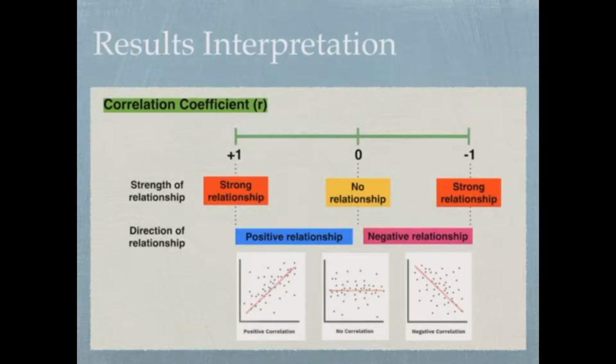The direction of the relationship is indicated by the sign of the coefficient. A plus sign indicates a positive relationship, and a minus sign indicates a negative relationship. When one variable increases as the other increases, the correlation is positive. When one decreases as the other increases, it is negative.